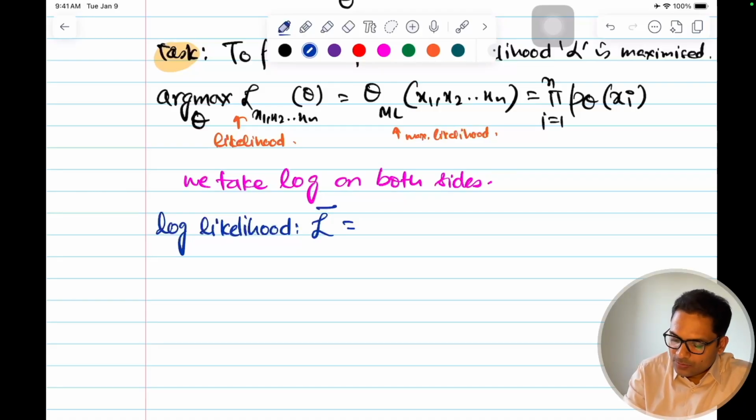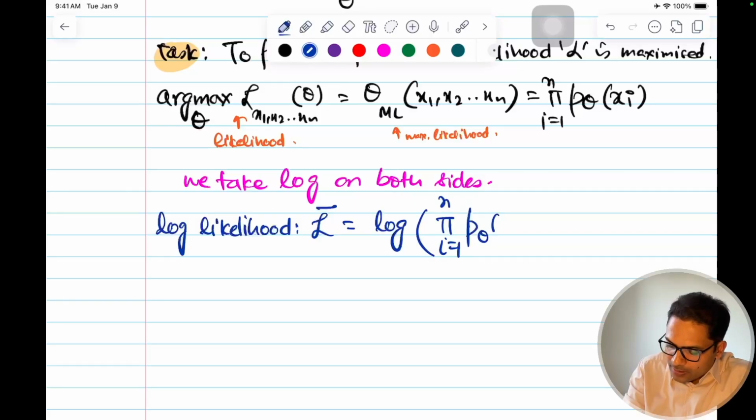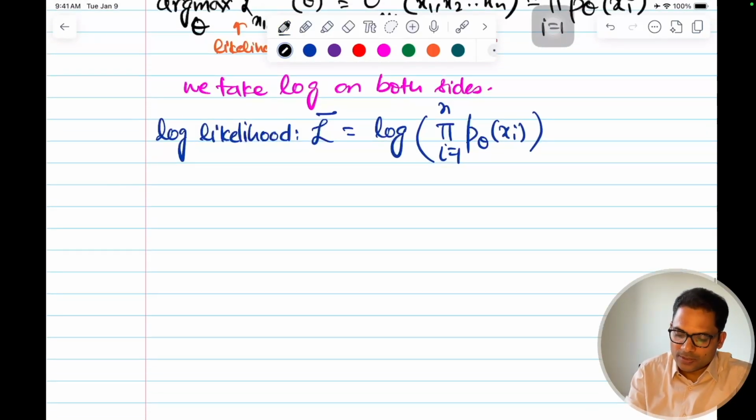This is equal to log of the product from i equal to 1 to n of p of theta, x of i, and this log will convert this product into a sum: sigma i equal to 1 to n of log probability of theta, x of i. This is L bar. L bar is log likelihood.